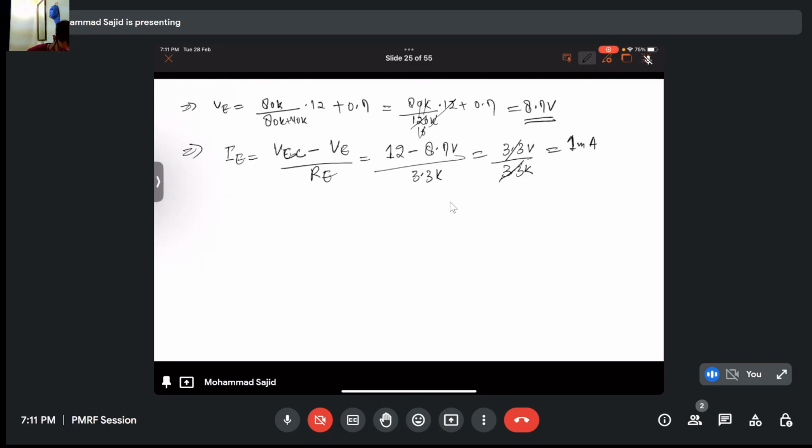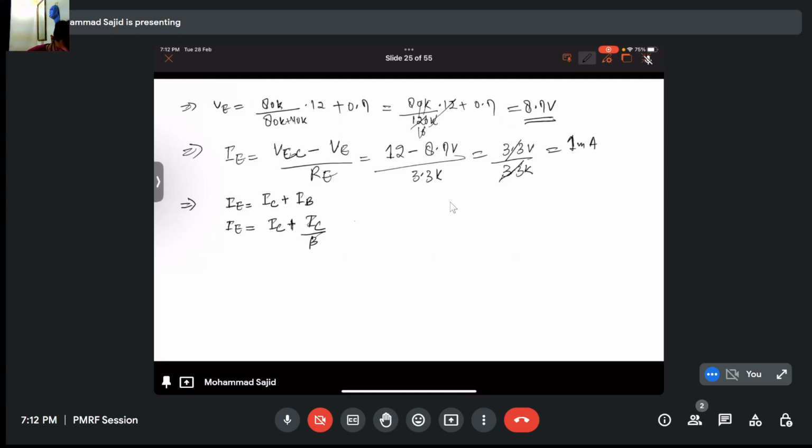Okay, now I have IE in hand. My IE is equal to IC plus IB, right? So my IE will be equal to IC plus IC by beta.